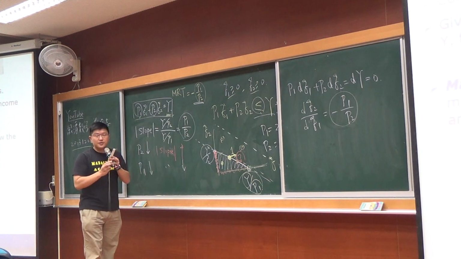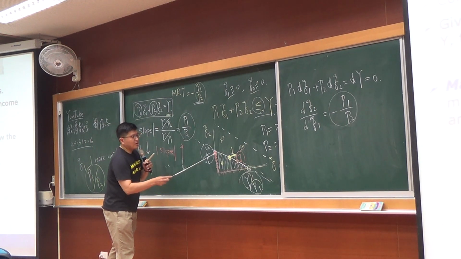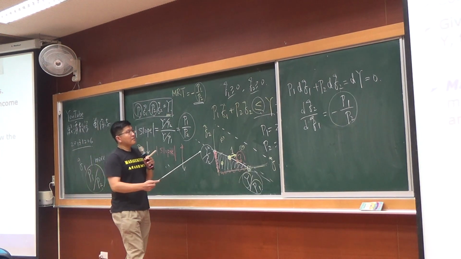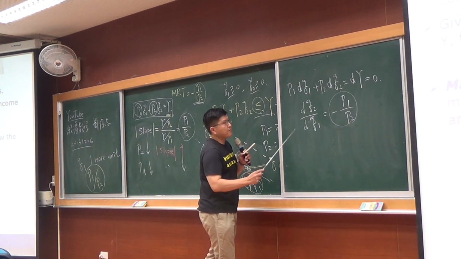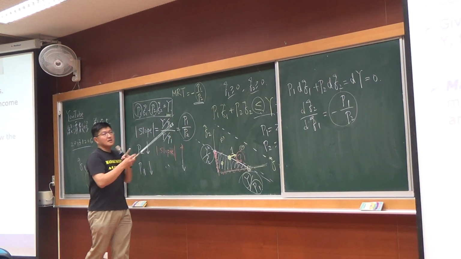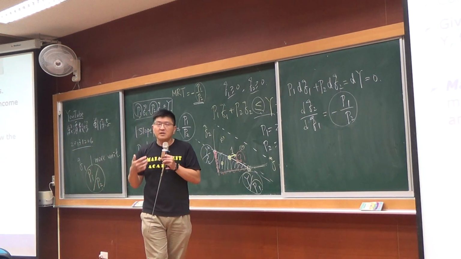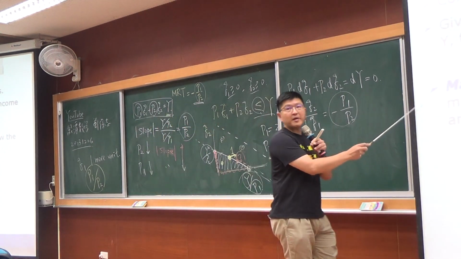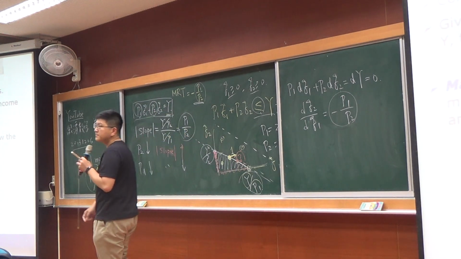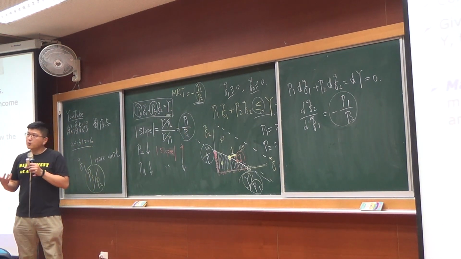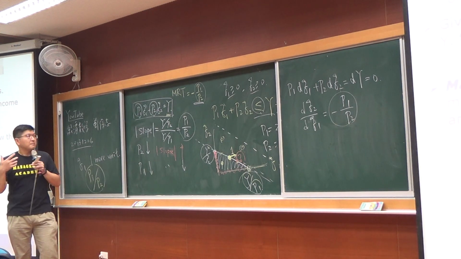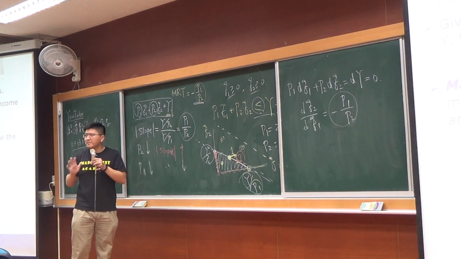So either from the diagram, we have P1 over P2. From the math, we have P1 over P2. And with the interpretation of MRT, we have P1 over P2. It's quite a simple result, but I want you to memorize this, but not just memorize.